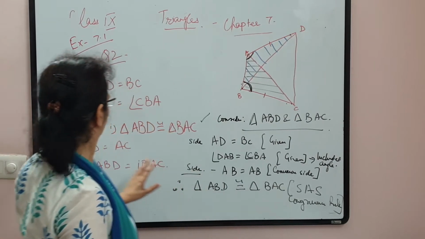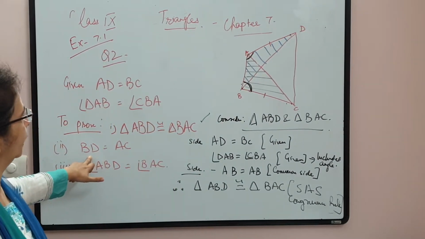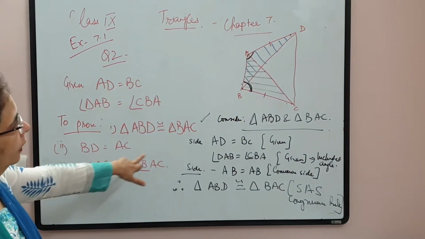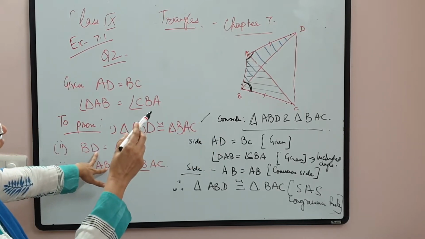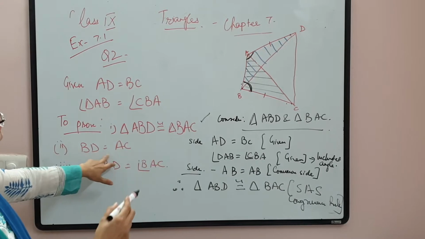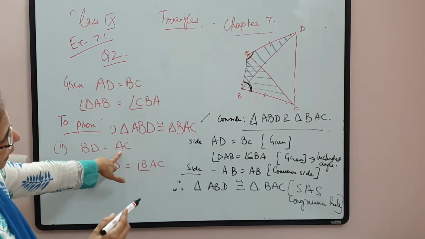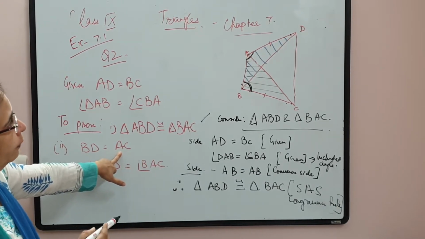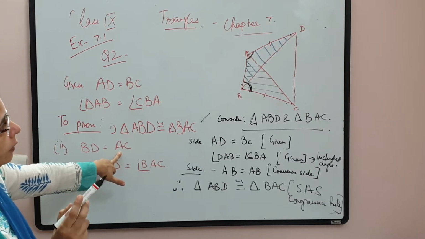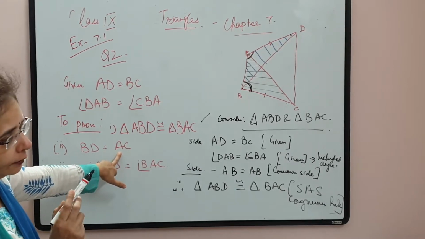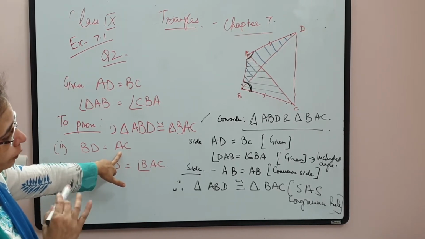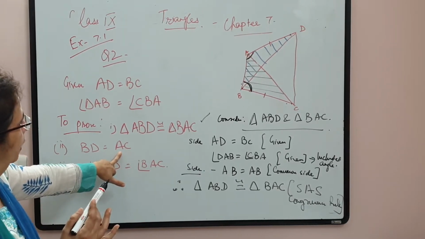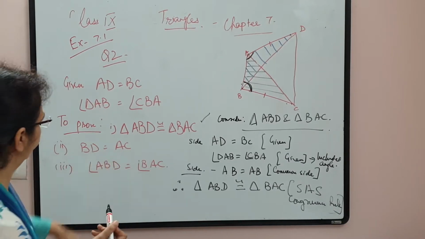That is, the two sides BD and AC are the corresponding sides of the triangles ABD and BAC. See, BD is a part of which triangle? ABD. AC is a part of which triangle? BAC. And because we have proved that the two triangles ABD and BAC are congruent, all the pairs of sides of the two triangles are equal. That means BD is equal to AC.